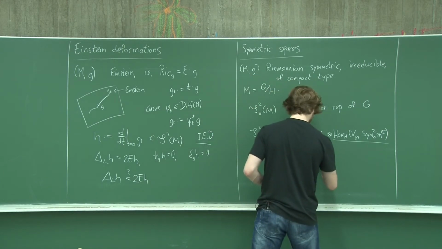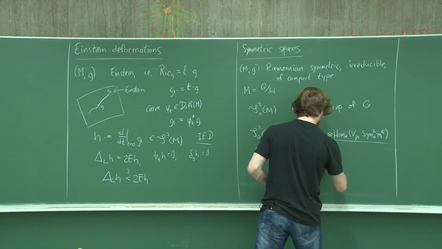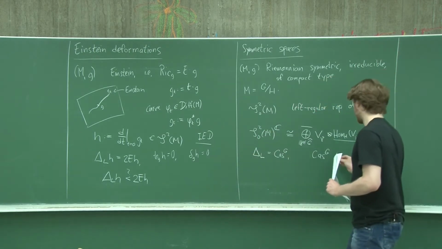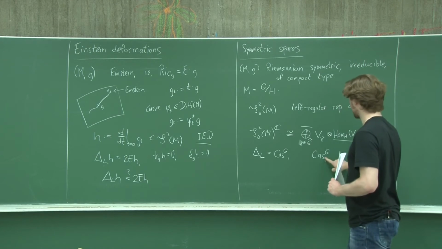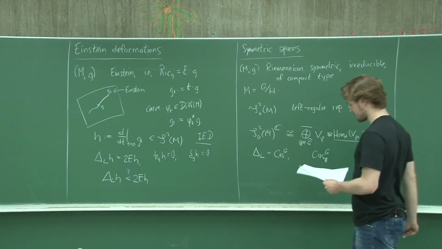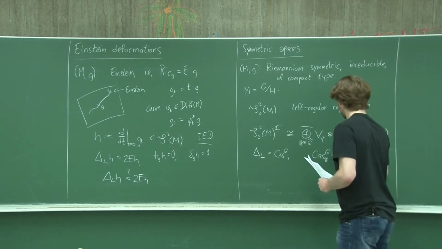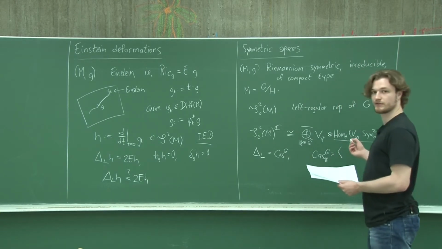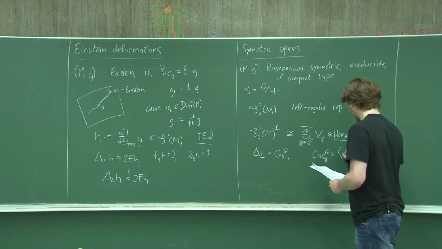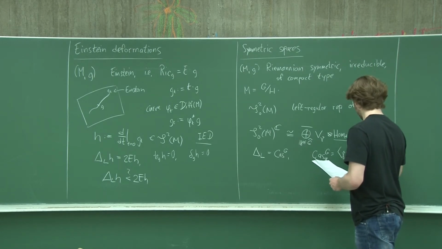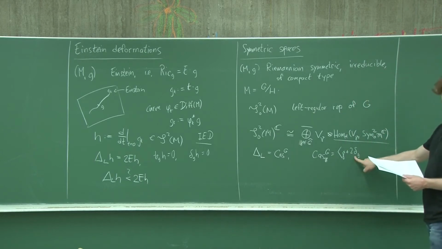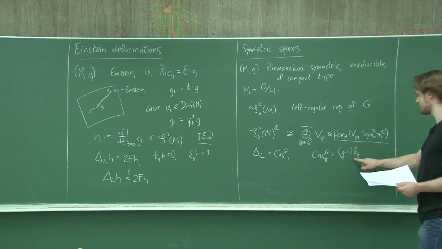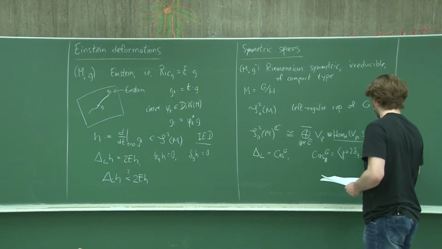So, in particular, to be precise, what happens is that the Casimir operator of G on a summand of type V gamma, let's denote this with a little gamma, is multiplication with a constant that's given by Freudenthal's formula, which is the inner product of gamma plus 2 delta G, where delta G is the half sum of positive roots of the Lie algebra of G, with gamma.